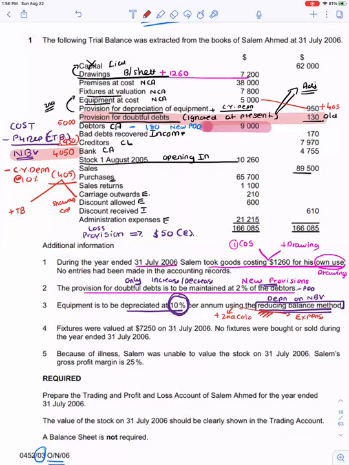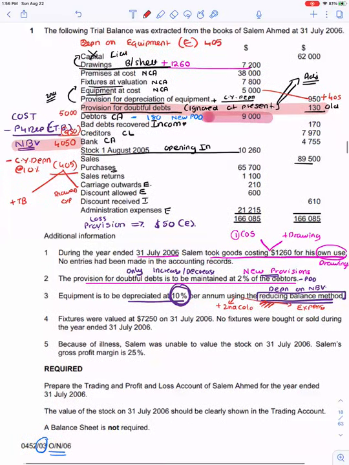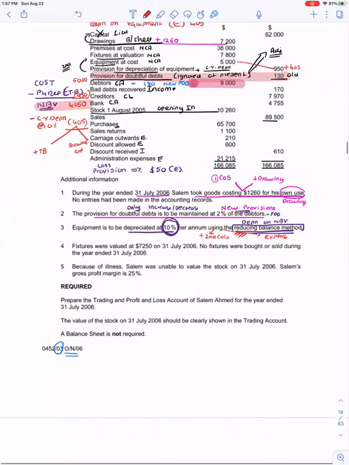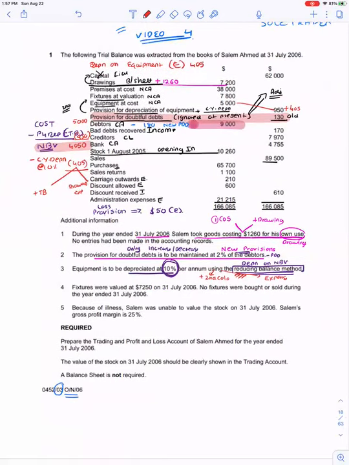So I will write one expense, depreciation on equipment. This is the current year depreciation on equipment, which I will show as expense, which is 405. So that I do not forget, I record it over here. Either you record over here or you write it as an expense directly. So I'm writing all the expenses that I have.